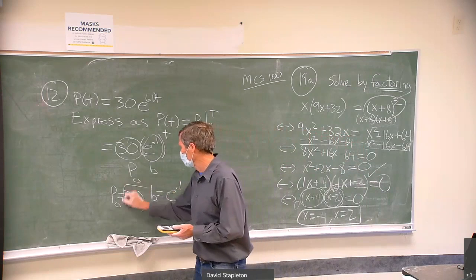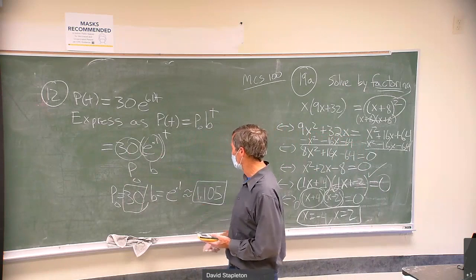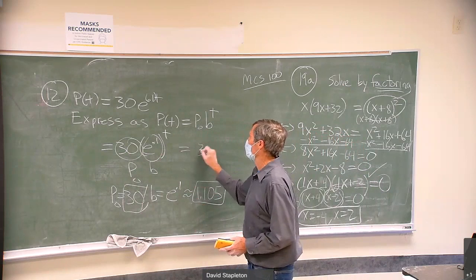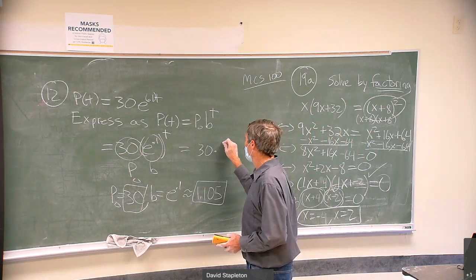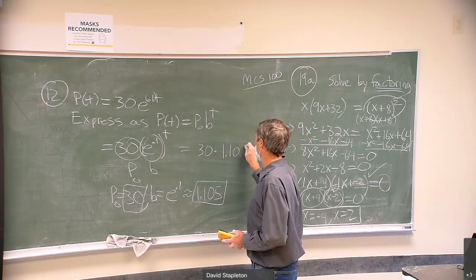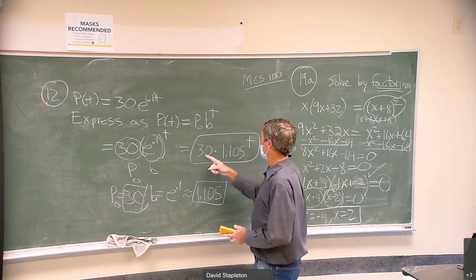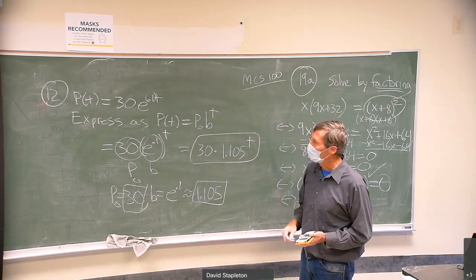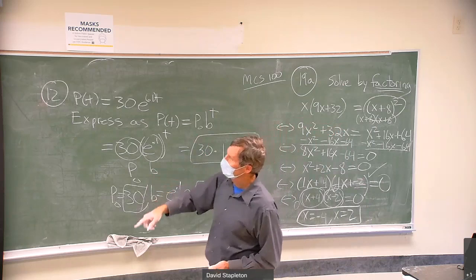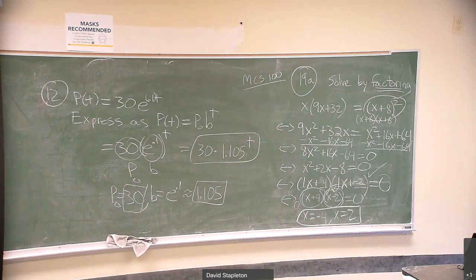So these are the answers I'm looking for in the blanks. When you rewrite it this way, this is actually 30 times 1.105 to the t. P0 b to the t. And that's what you put in these two blanks, and then t equals t. It just goes in.